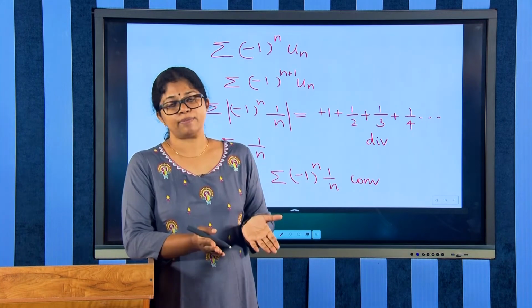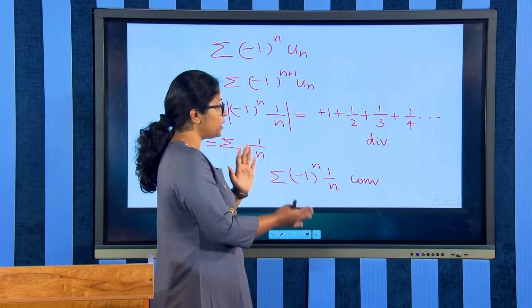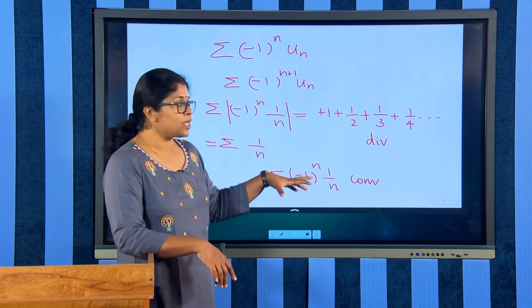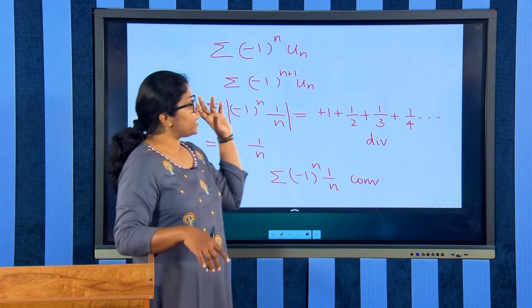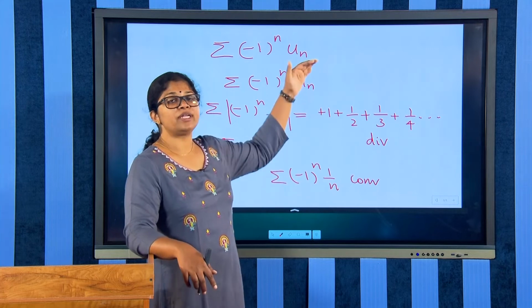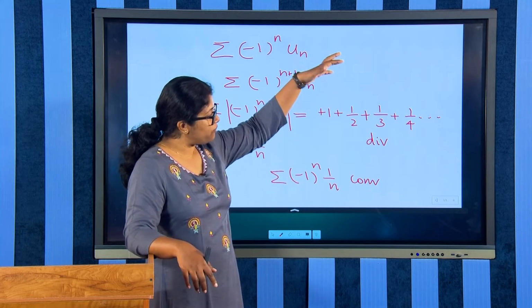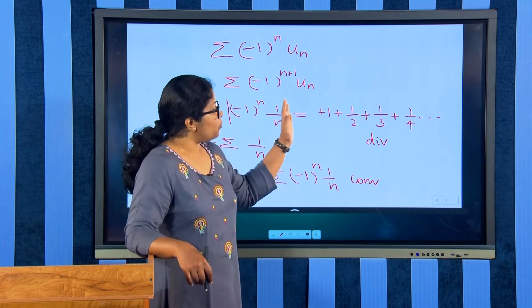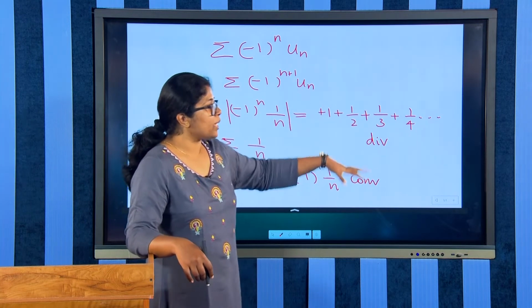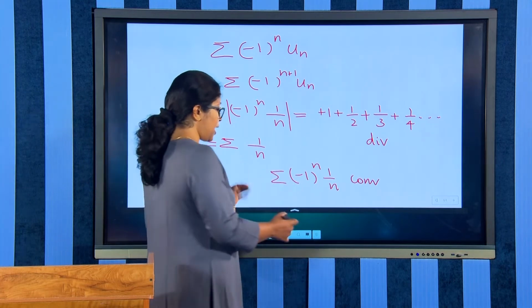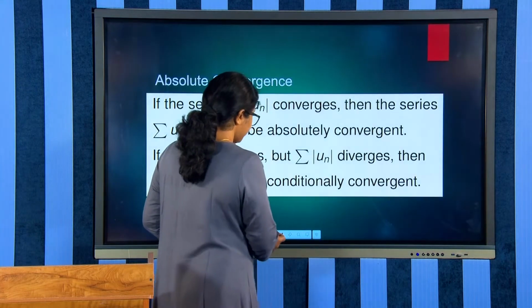It is not absolute convergence. So, that is the main difference between absolute convergence and conditional convergence. Here on expansion, we consider the modulus value, and we take every term to be positive. Whatever are the negative terms, they all come as positive terms when we take the absolute values. So, that we have to keep in mind very clearly.